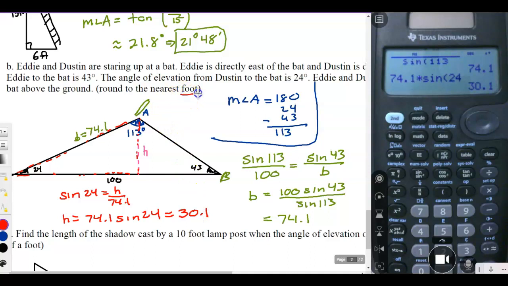And we're dealing with feet, so let's get units on there. This is 30.1 feet, and that's our answer.